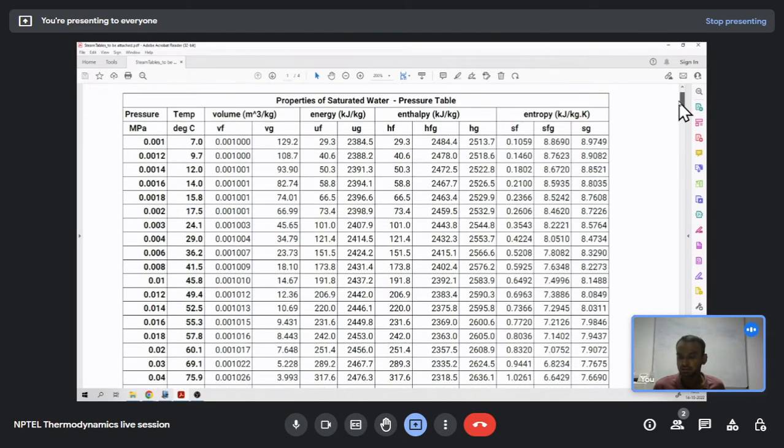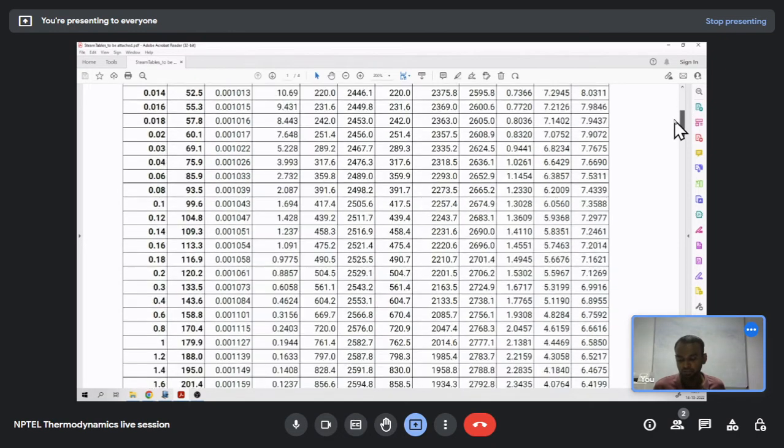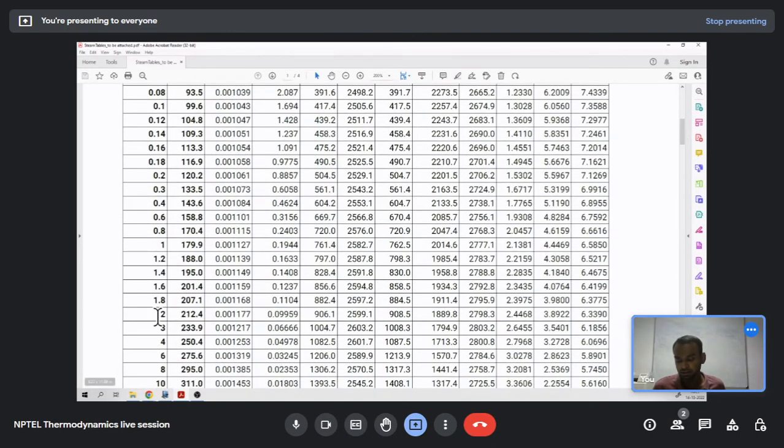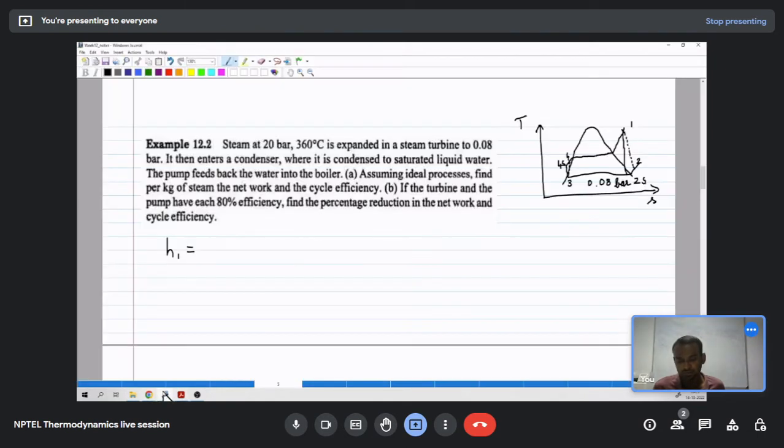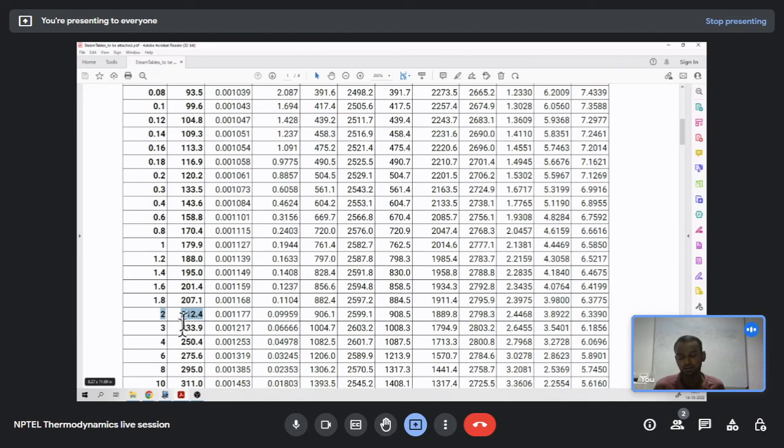Here the first column is pressure in megapascal. For 20 bar as given in the problem, we have 2 megapascals. The saturation temperature at 2 megapascal is 212 degrees Celsius, whereas in the problem it was given as 360 degrees Celsius. So it is in a superheated state.